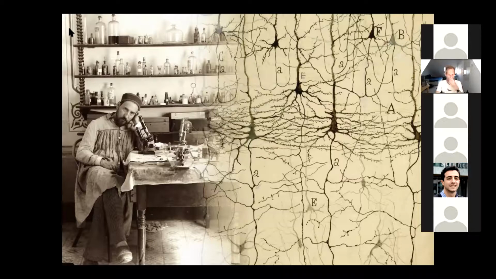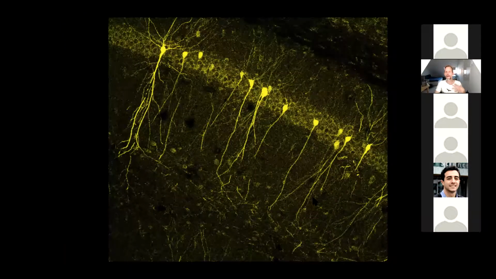Modern neuroscience has brought back some understanding that these neurons are actually very thick. They derive evolutionarily from skin tissue, and so they're very dense in the brain.